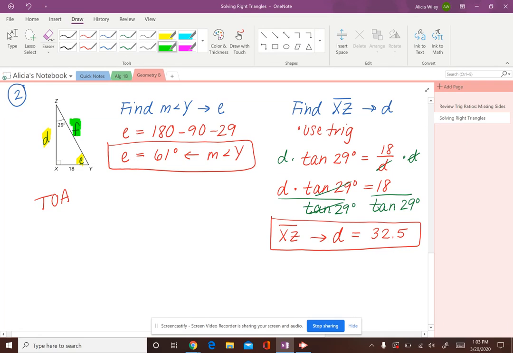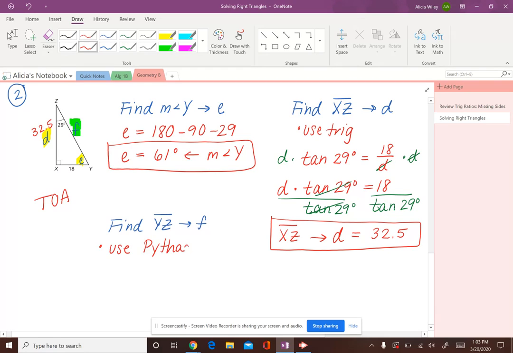So now that I know D is 32.5, that's what it is, I can now find YZ, which is my variable F, and we can do that using Pythagorean theorem.